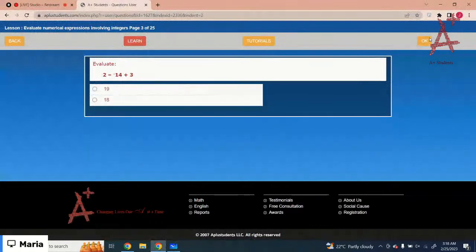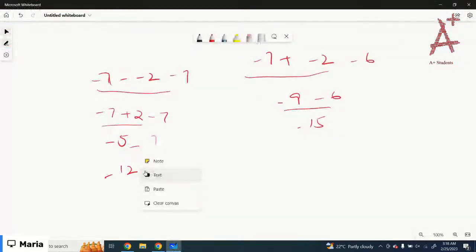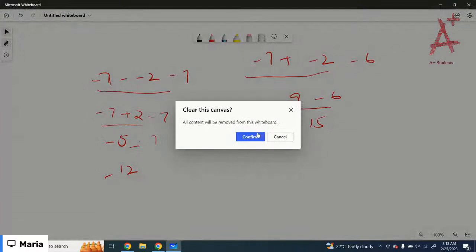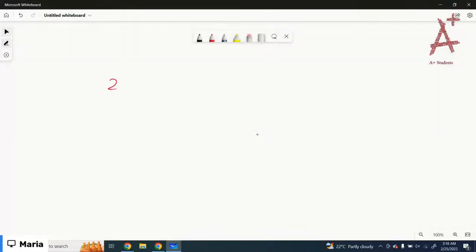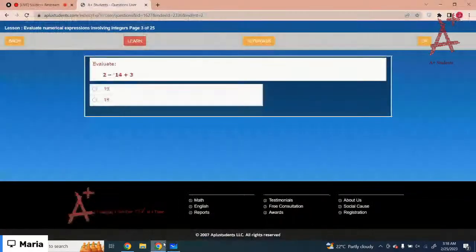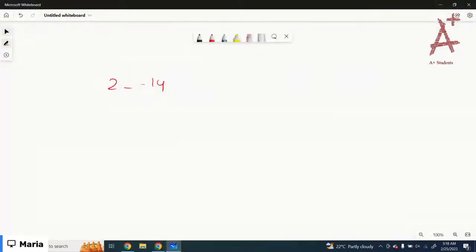Okay, the next one is 2 minus minus 14 plus 3. Subtracting a negative integer is the same as adding. Got it?